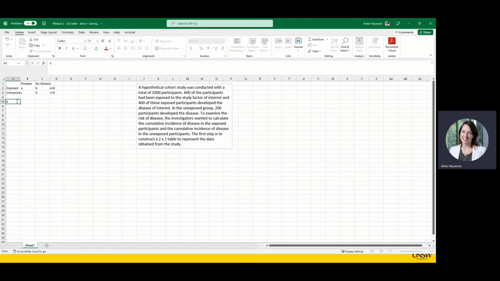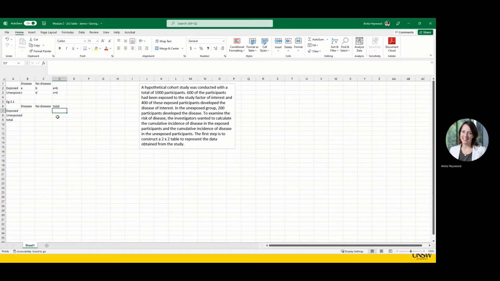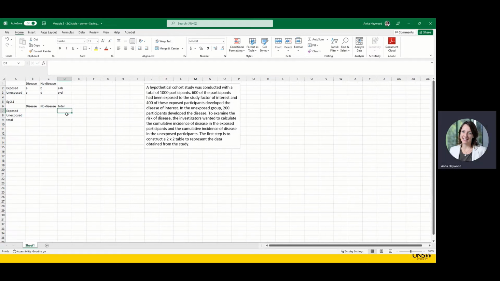So let's go to example 2.1 and have a look at our total here. So in this example, we know that we start with 1,000 participants.